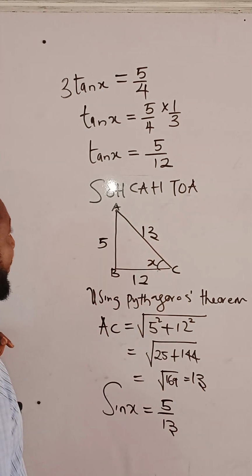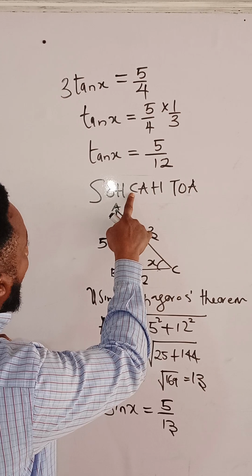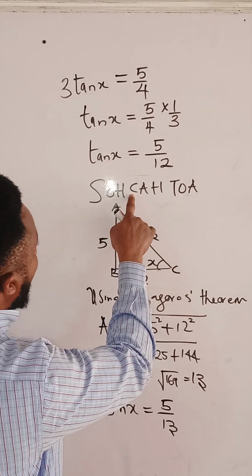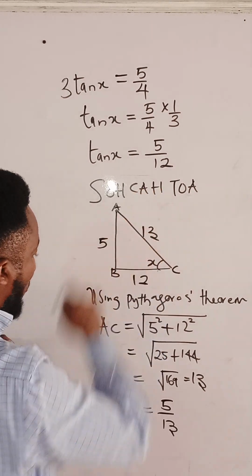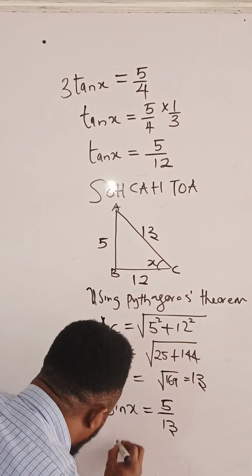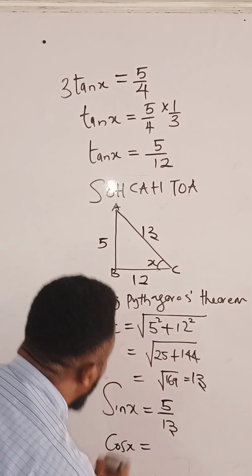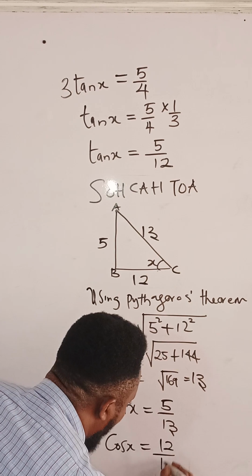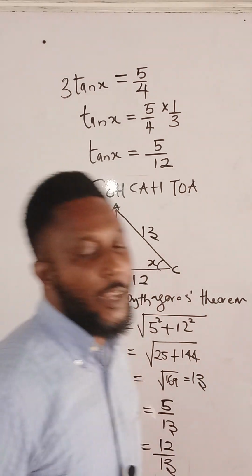I'll do the same for cosine. Cosine equals adjacent over hypotenuse. So cos x equals 12 all over 13.